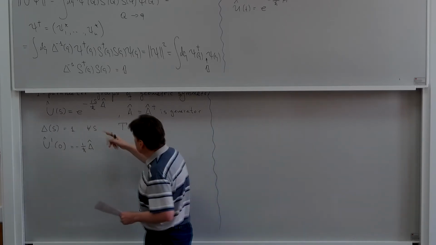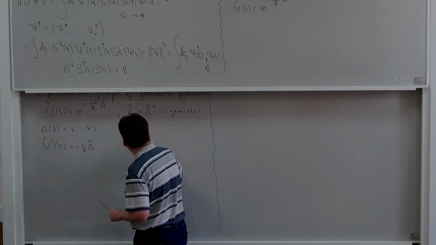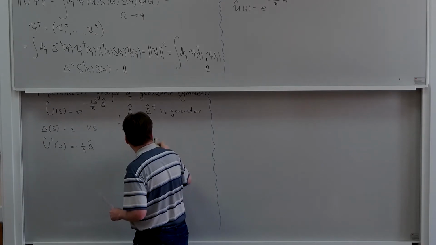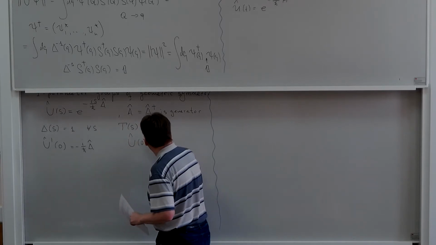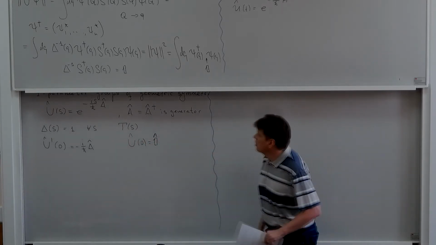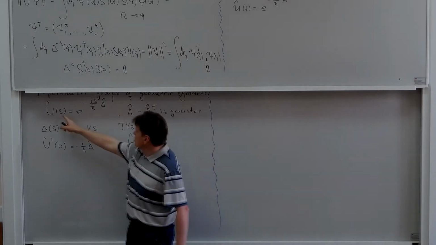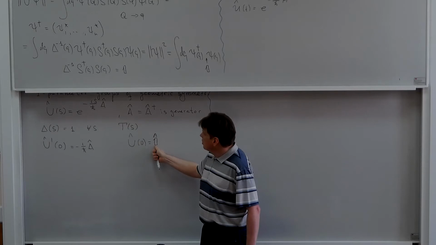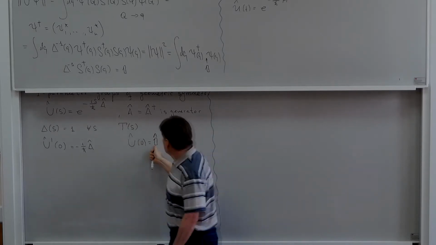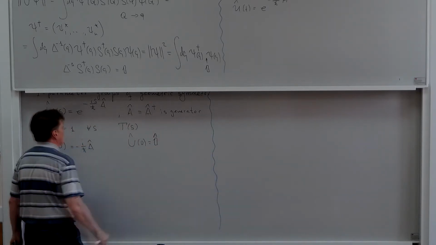It is quite clear that U of 0 is equal to 1. So s equals 0 corresponds to the identity transformation.